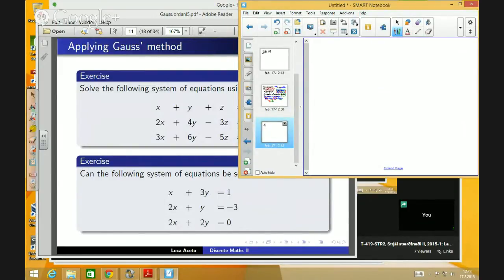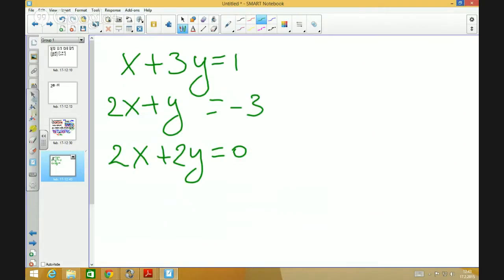So let's write down this system of equations on our scratch pad. And let's solve it now, using Gauss's method.